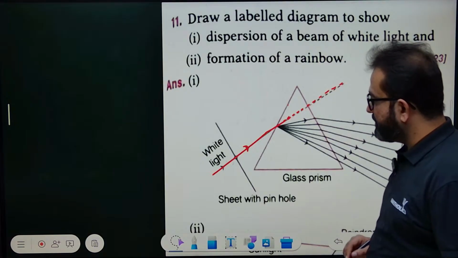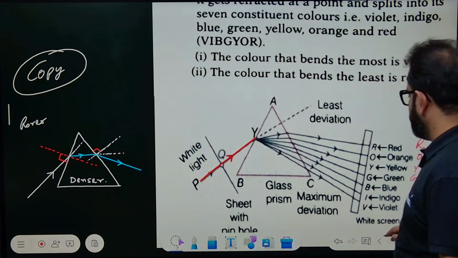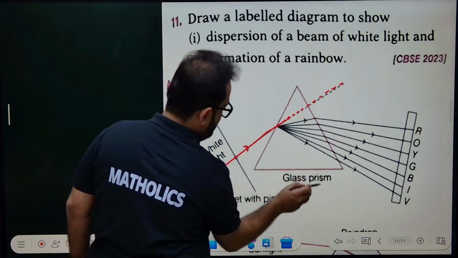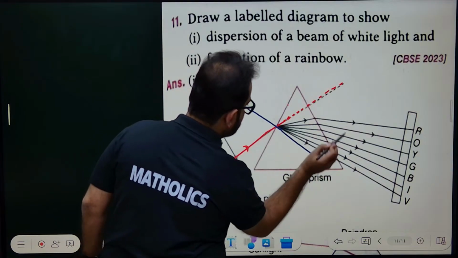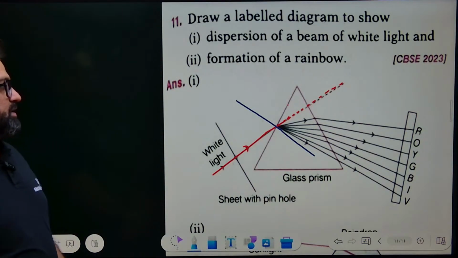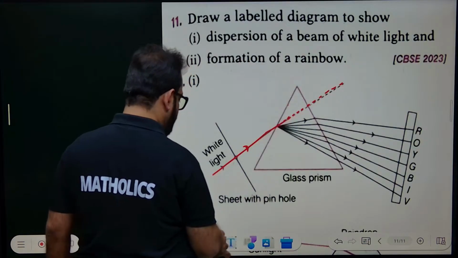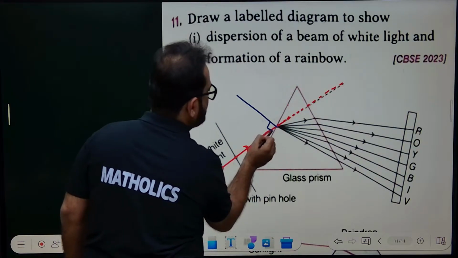This is the only correct option. Draw a perpendicular line, yes or no? If this is the perpendicular, you must draw it only till the upper side.